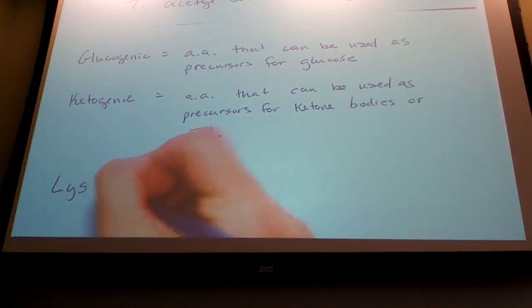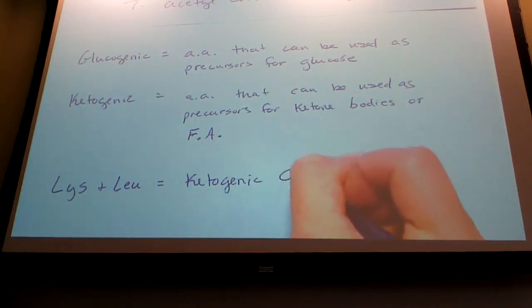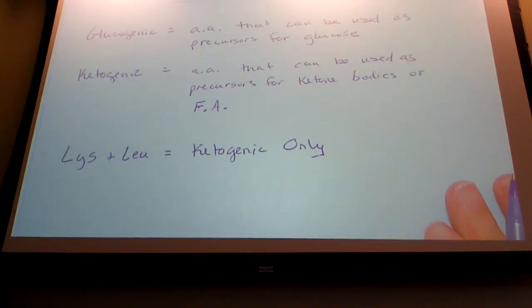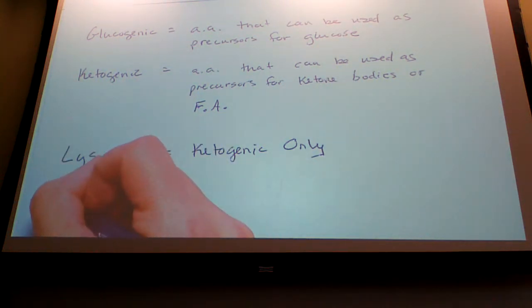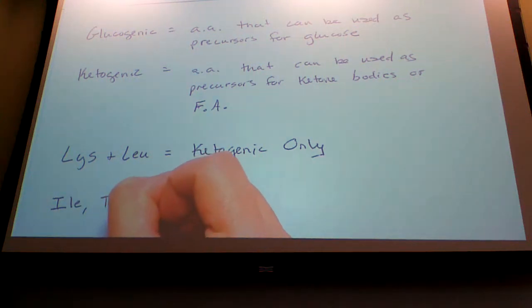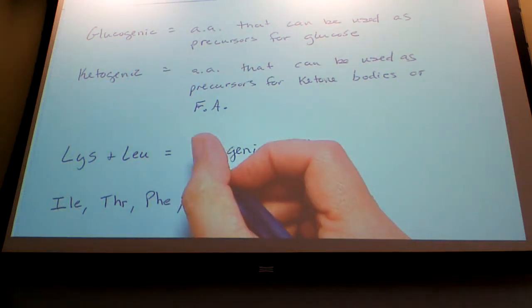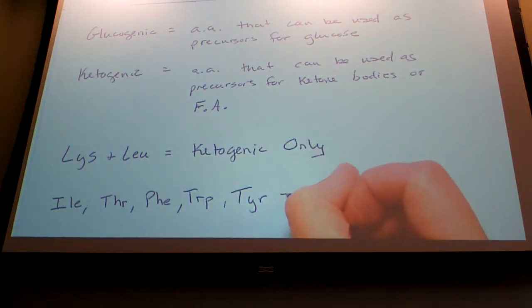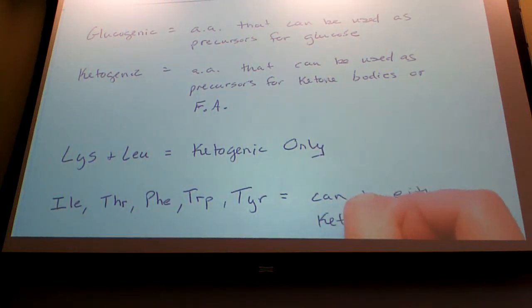So lysine and leucine. These are ketogenic only. And then a bunch of these more complicated ones. Isoleucine, threonine, phenylalanine, tryptophan, and tyrosine can be either ketogenic or glucogenic.